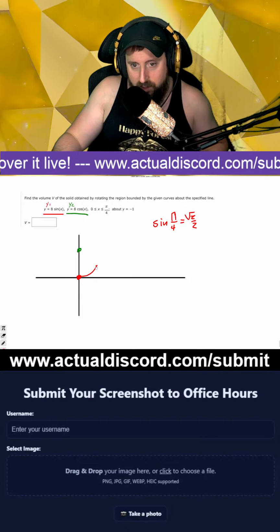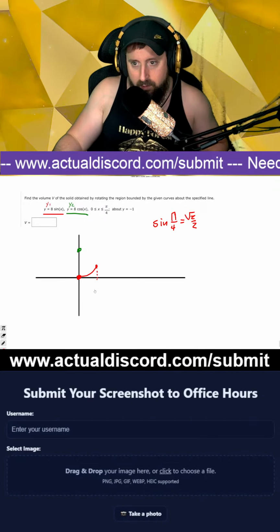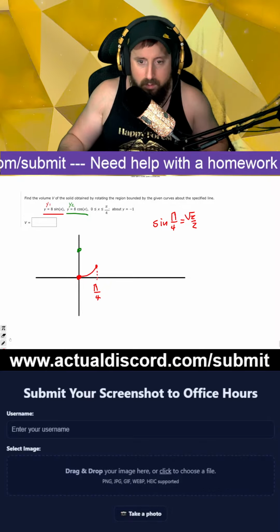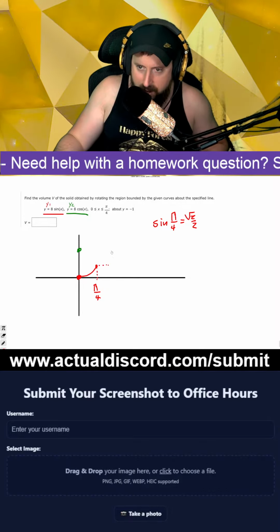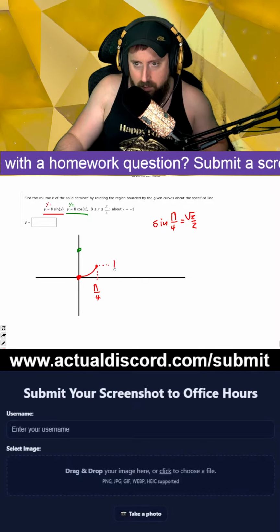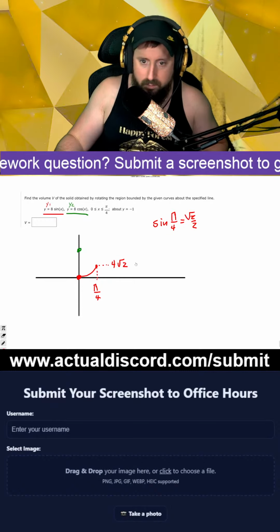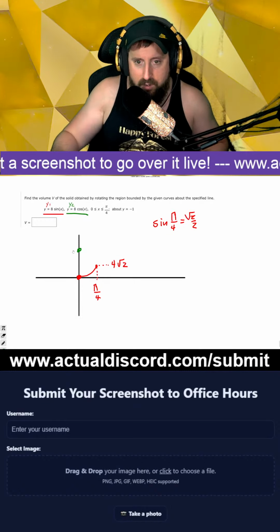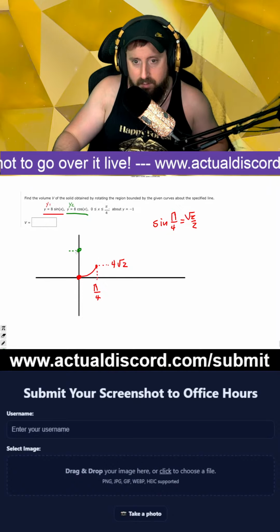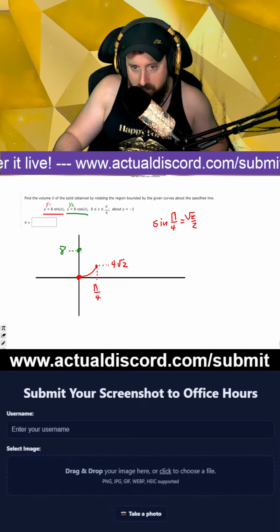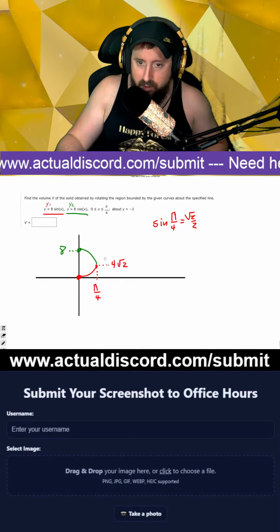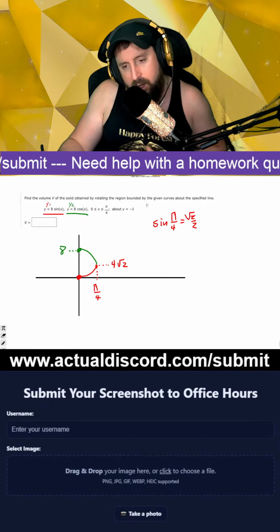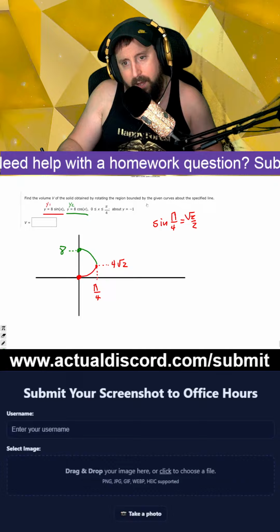So we're going to get to here, which is at pi over 4, and that's also located at 4 square root of 2. Then it's kind of the same thing with cosine. Cosine is going to start up at 8, and then it's going to come down. It's also going to meet at pi over 4 for x, and at 4 square root of 2 for y.